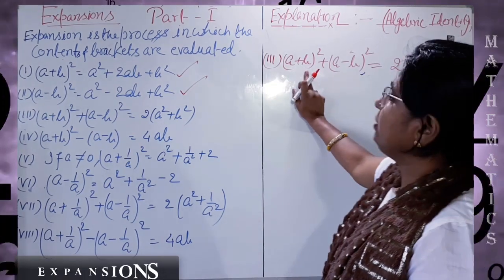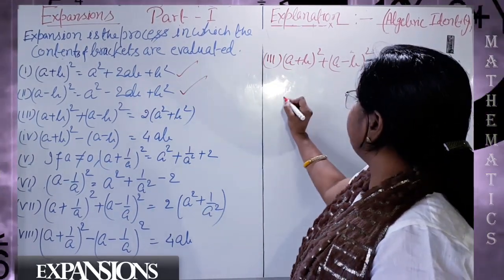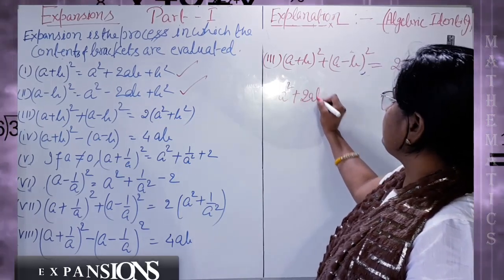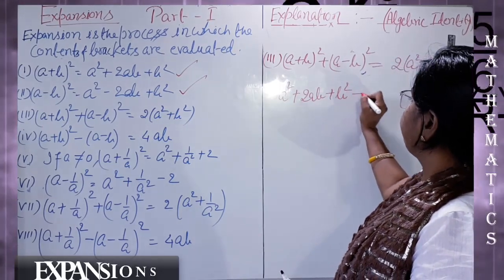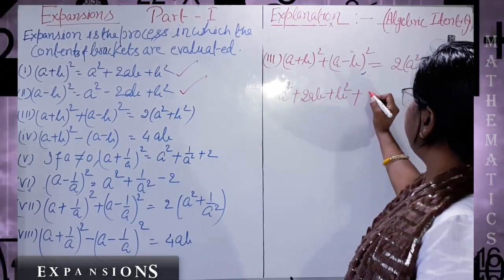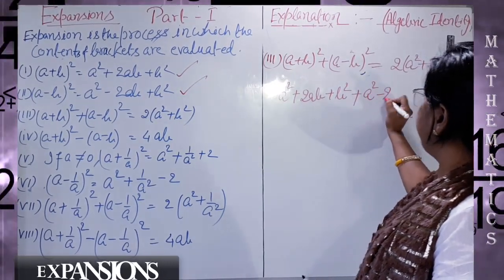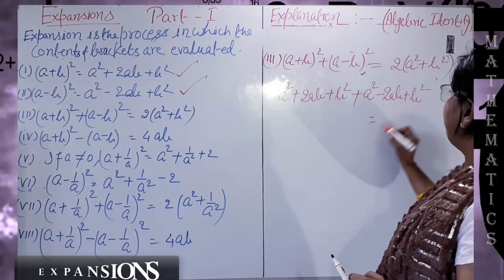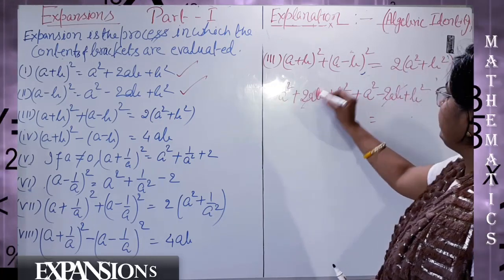Now (a plus b) whole square from the first number we can write a square plus 2ab plus b square. From the second number we can write a square minus 2ab plus b square. The 2ab cancels.